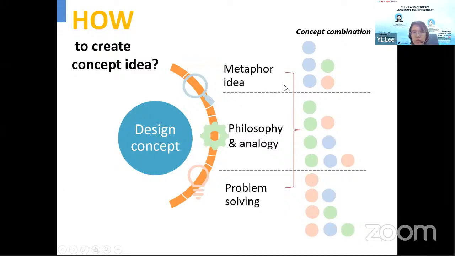So why not combine metaphor with philosophy idea, metaphor with problem solving, and the philosophy also the same. Please try to match philosophy idea with problem solving. All right, so this is how I put the categories of doing a concept. In the next slide I will elaborate more on what metaphor, philosophy, and problem solving are.